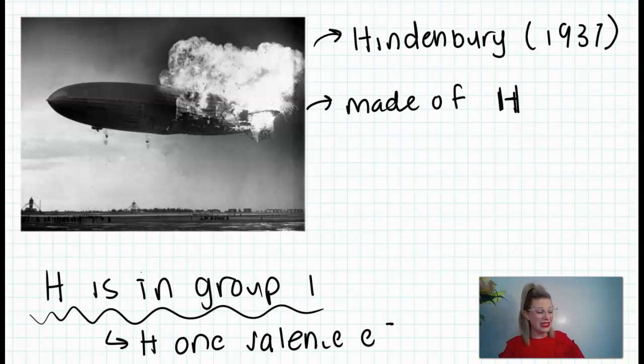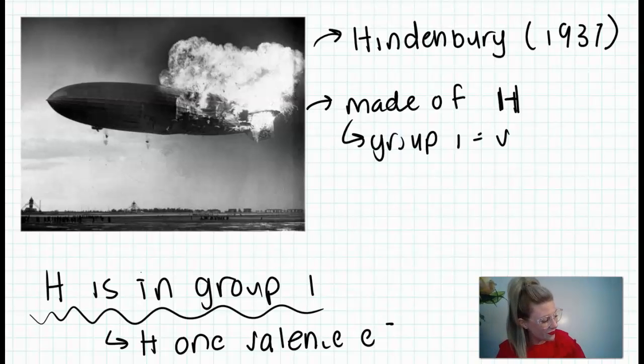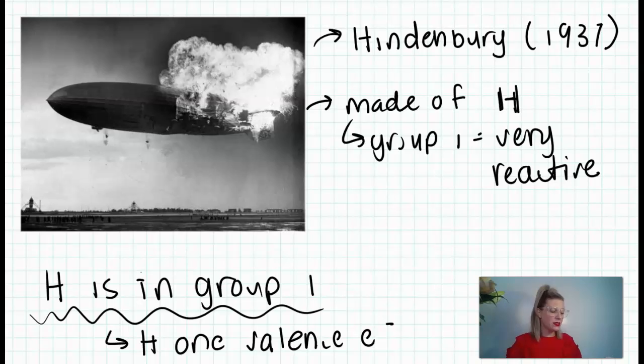And remember we said yesterday too, group 1 is extremely reactive. Okay, group 1 is very reactive. And so there must have been a spark inside of the Hindenburg, and what happened was that blimp went up in flames almost instantly.